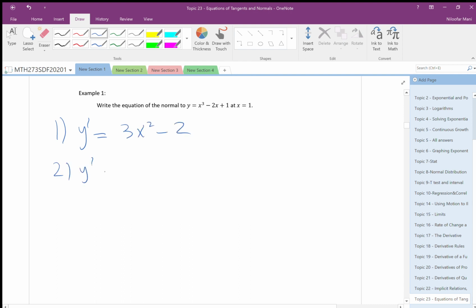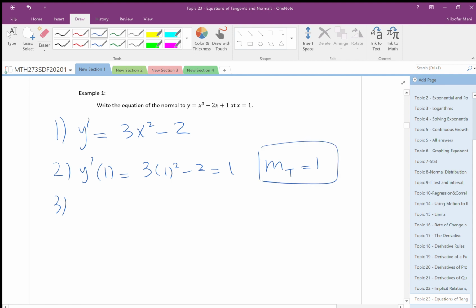Second, y prime at 1 is 3 minus 2, which is 1. So this is m tangent line. M tangent line is 1.